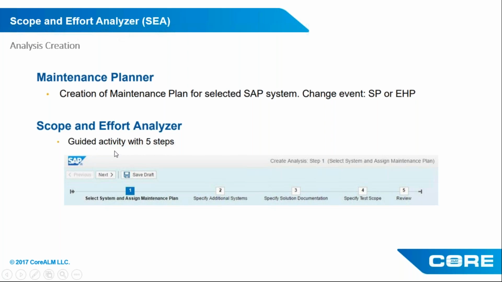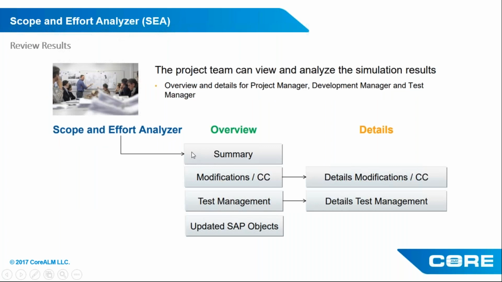Maintenance planner is just 5 guided steps. So it is easy to use. That was one of the requirements. So selecting the system and assigning the plan, adding any additional systems, specifying where the solution documents are, test scope, and then review.